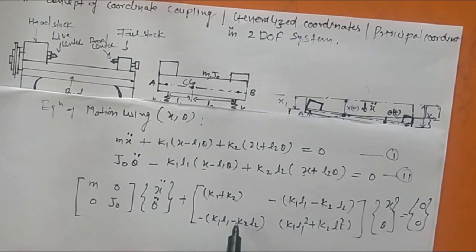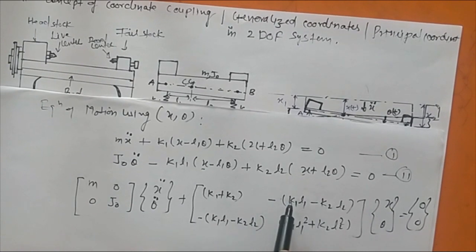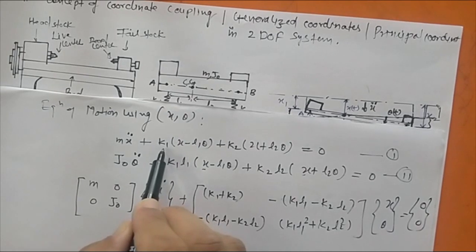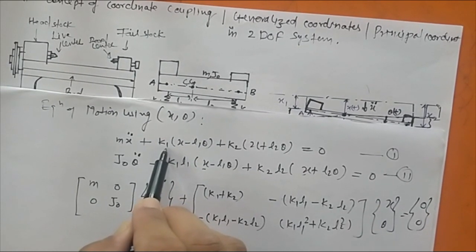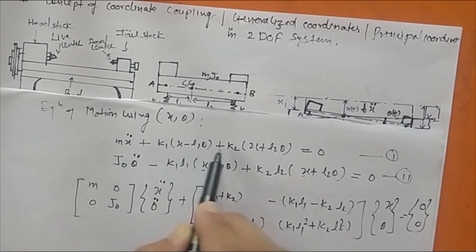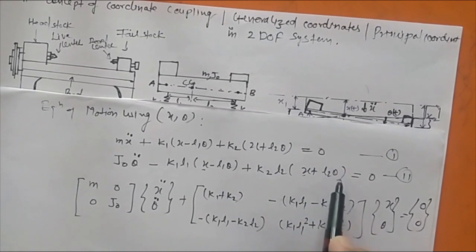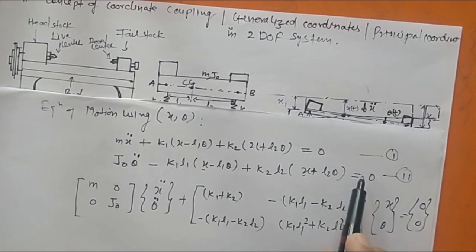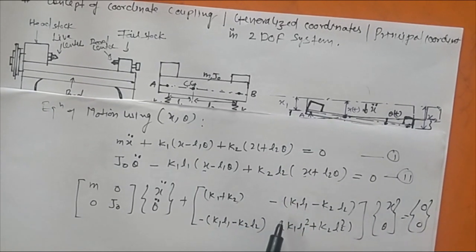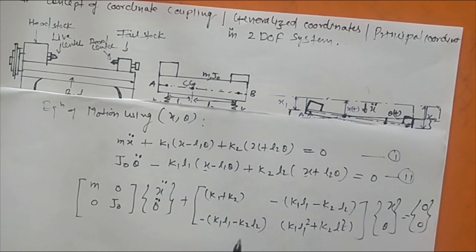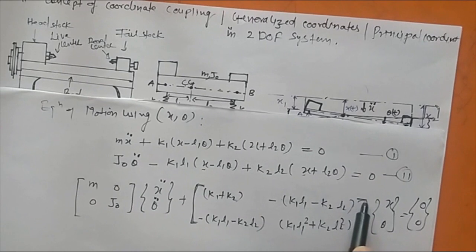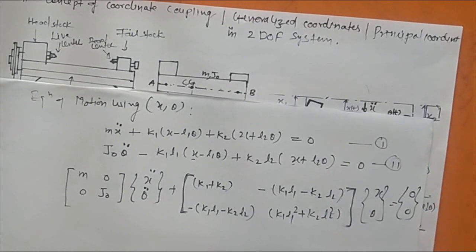There is a coupling between both of the coordinates, because with the stiffness k1 there is a multiplication of theta. So the first equation cannot be solved independently and the second equation cannot be solved independently, because both are coupled and dependent on each other. Because of this coupling, the stiffness matrix becomes a non-diagonal matrix.